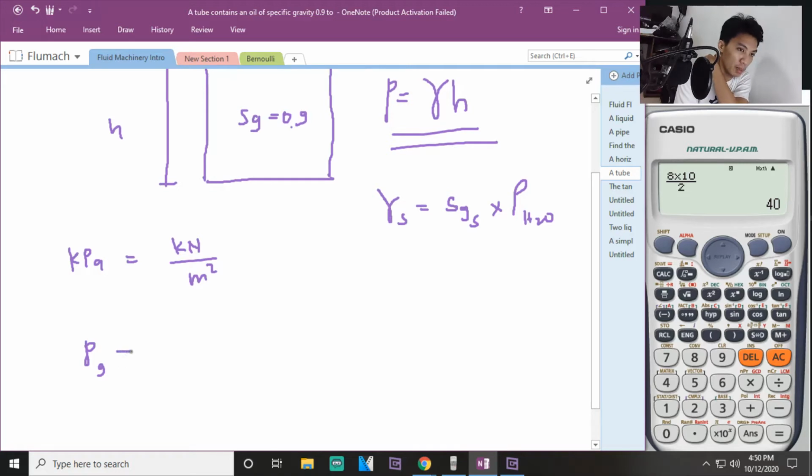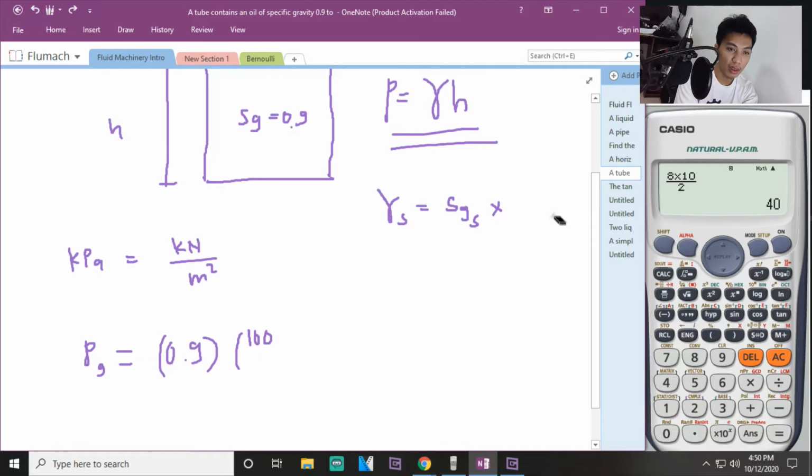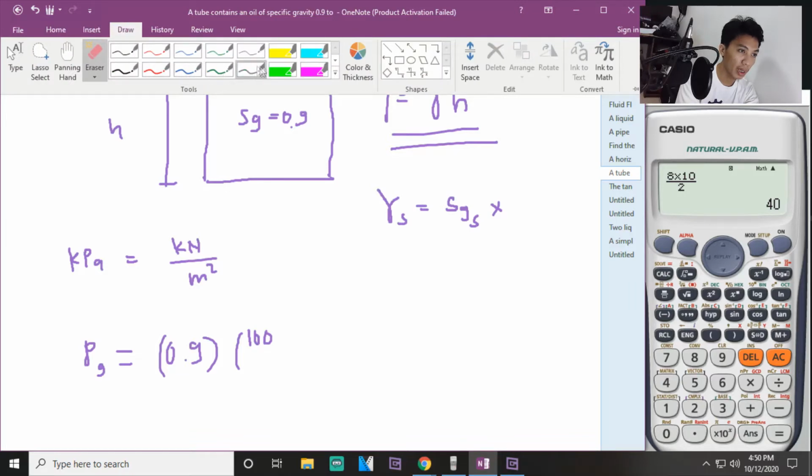So, the pressure will be gamma. Ano bang gamma? 0.9 multiplied by density ng water. Ano ba density ng water? 1,000. Hindi pala to density ng water. Kailangan pa ng G. Okay? So, ganito na lang. Gamma rin yan ng water.